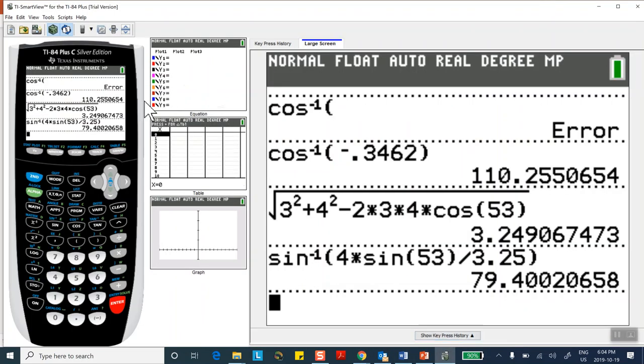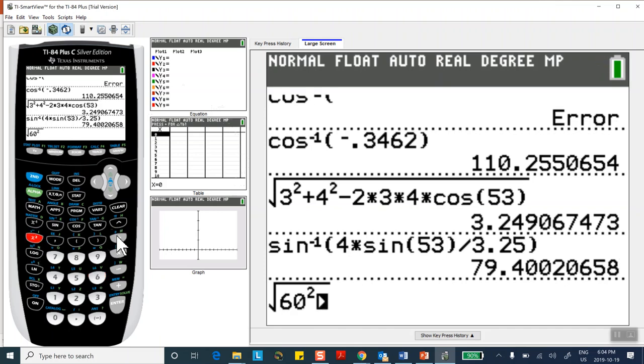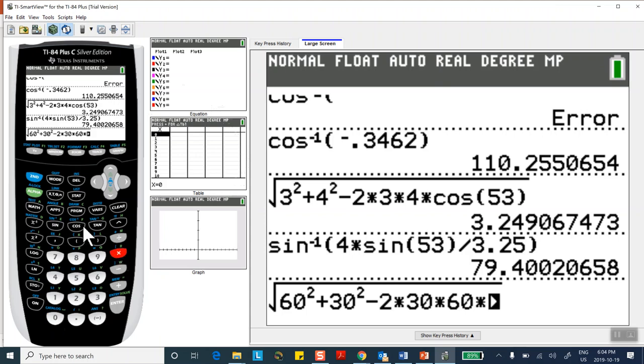Okay, so square root of 60 squared plus 30 squared minus 2 times 30 times 60 times cosine of 70 degrees.